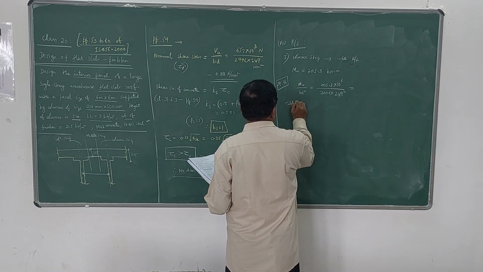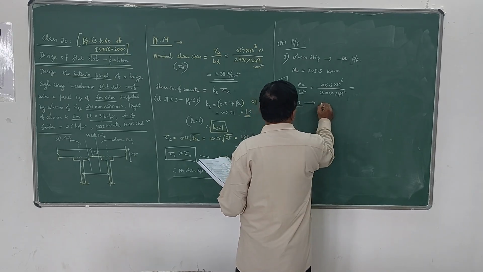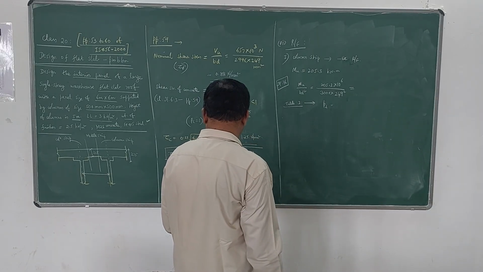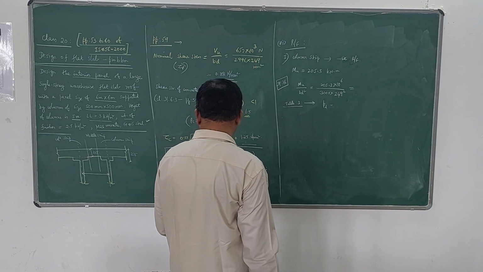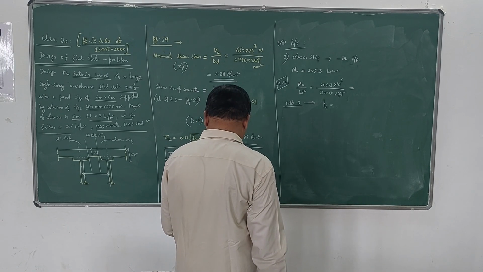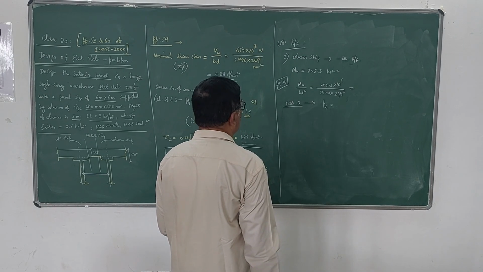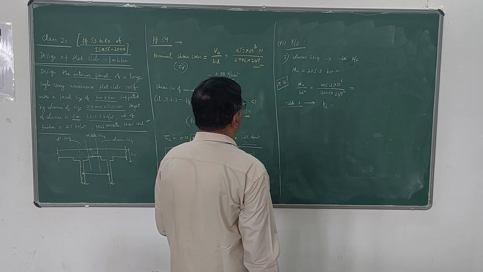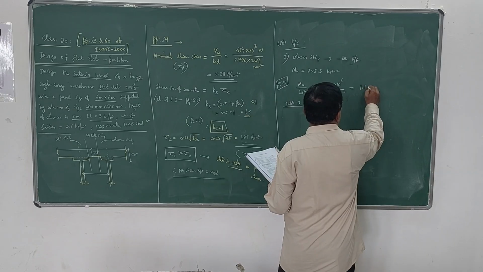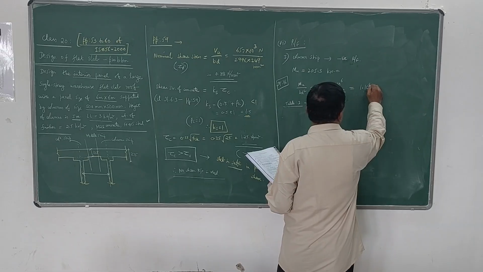Table 3 of SP16. What is the answer for Mu by bd square? 1.1037. Okay, say 1.04.